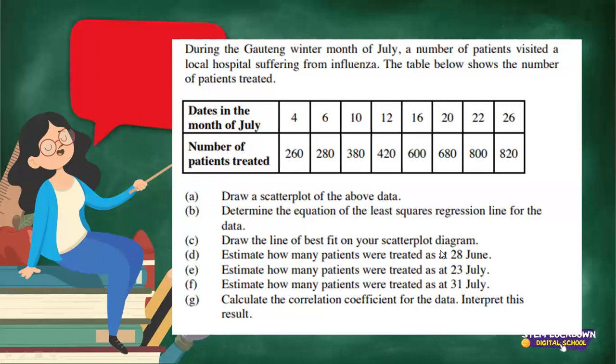You can also use the equation by substituting 28 into the regression equation to find the number of patients treated on the 28th, because the number of patients is dependent on the date. Therefore the date will be on your x-axis and the number of patients on the y-axis.